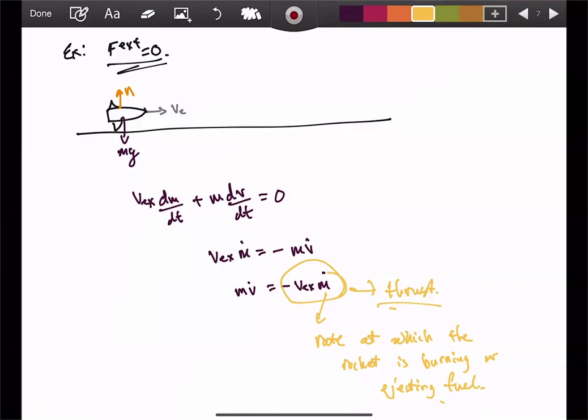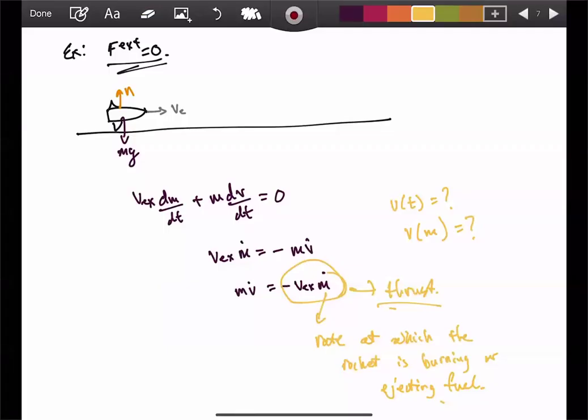So what we have to do now is simply calculate and determine what this thing is doing. We want to find the velocity as a function of time and see what this thing is actually doing. So we want to find out what is our velocity as a function of time, or what is the velocity as a function of mass.